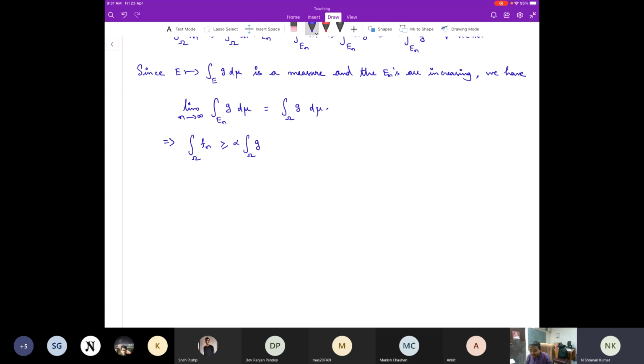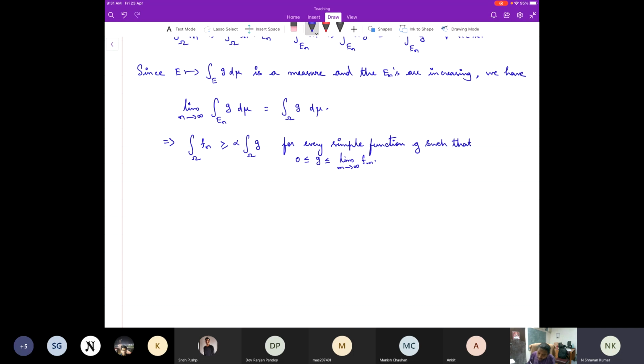So this is true for every simple function g such that 0 is less than or equal to g, which is less than or equal to the limit.